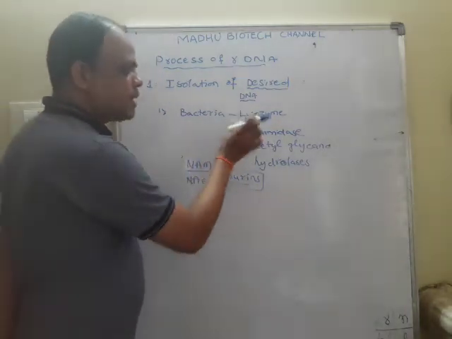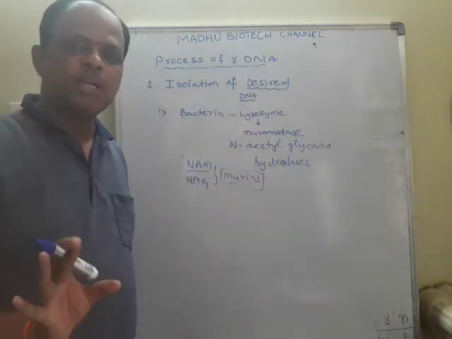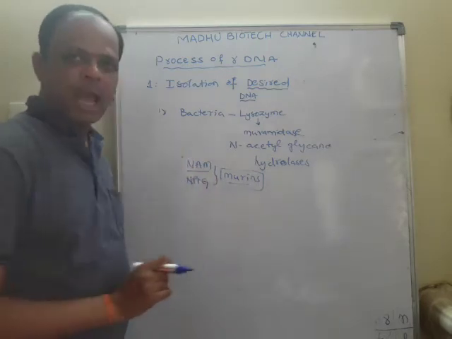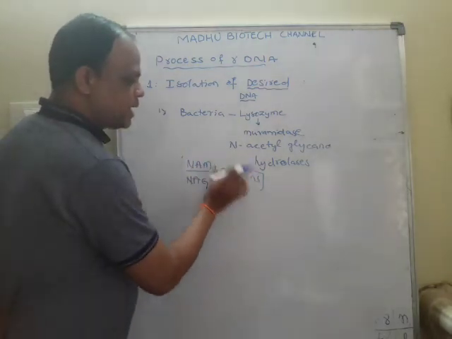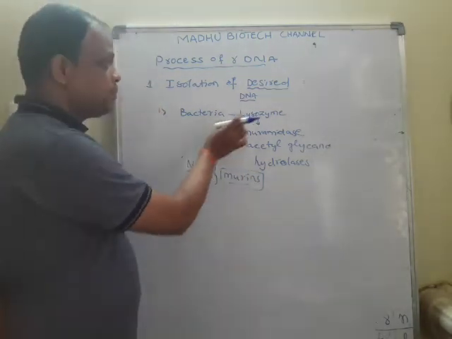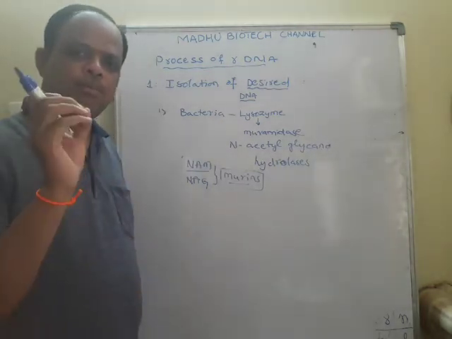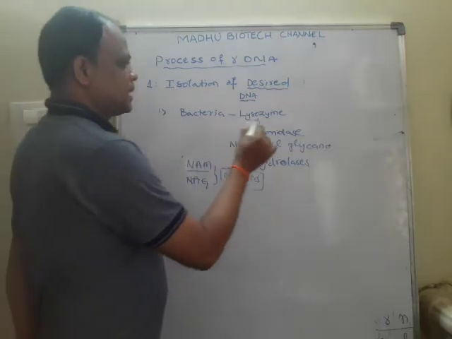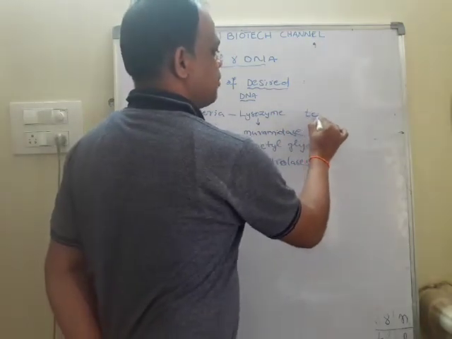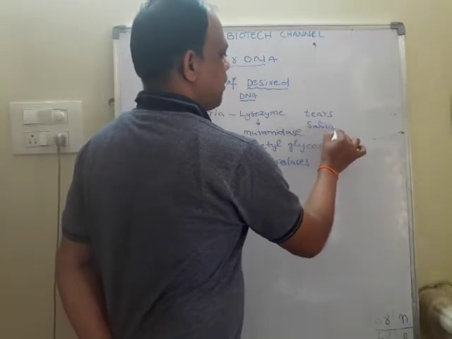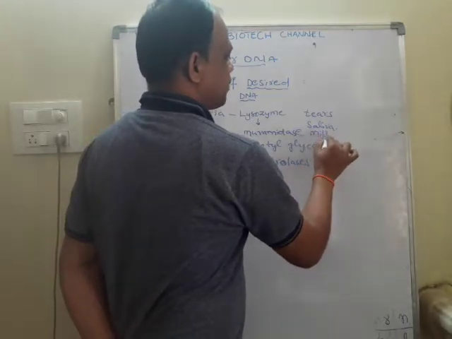The enzyme breaks down the glycosidic bonds between NAM and NAG. This is a very important enzyme. It is most often found in tears, saliva and milk.